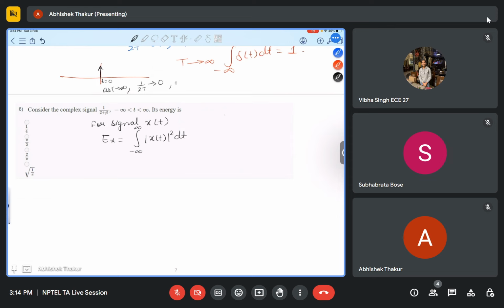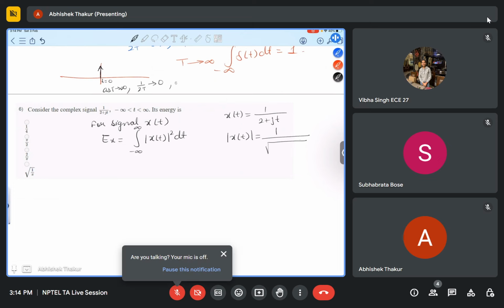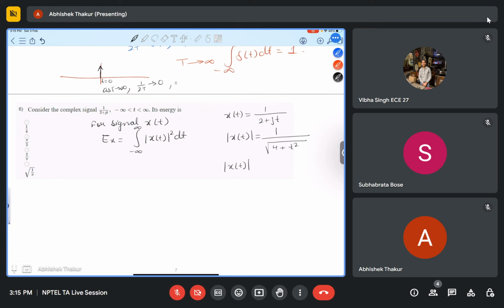So x(t) is given as 1 by 2 plus jt. So the magnitude of x(t) will be 1 by under root of 4 plus t square. Now when we square it, we will get 1 by 4 plus t square.